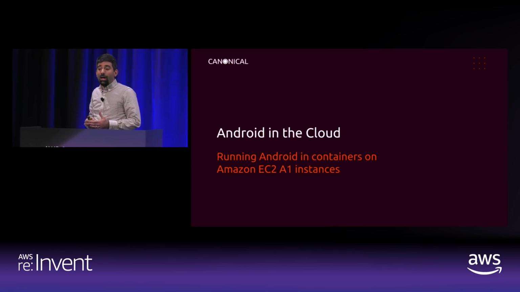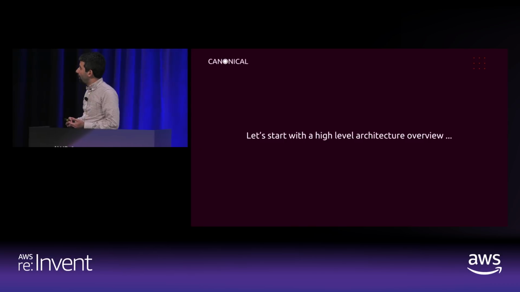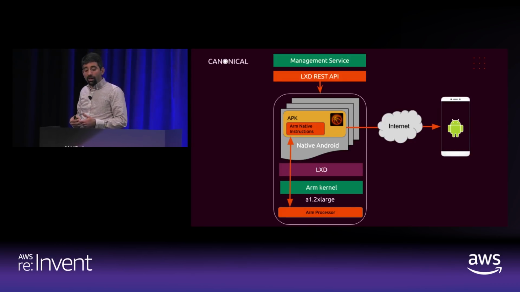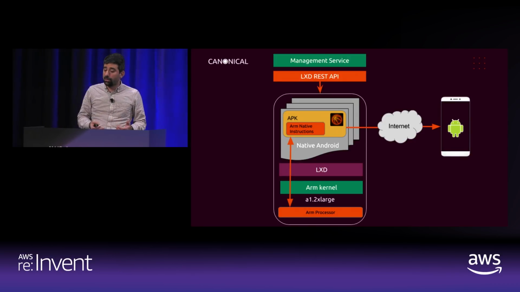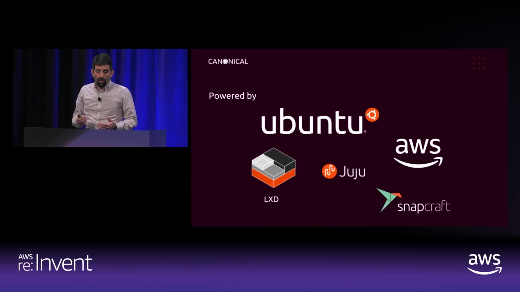So we're going to start with a high-level overview of what Canonical is doing here. They've got Android running in a number of LXD containers on an A1 instance, and then they're going to stream the graphical output of the game to a mobile device. And they're using Juju and LXD to do this.